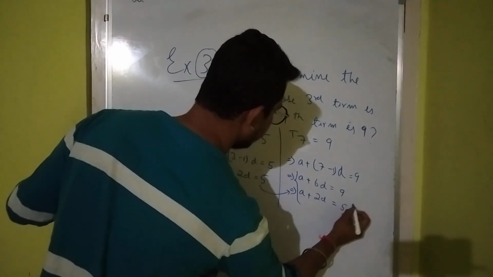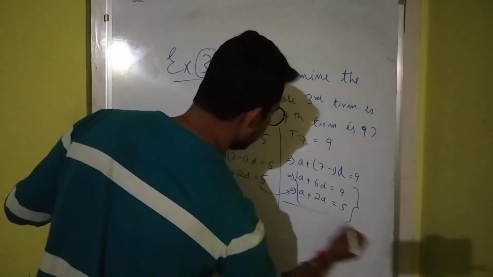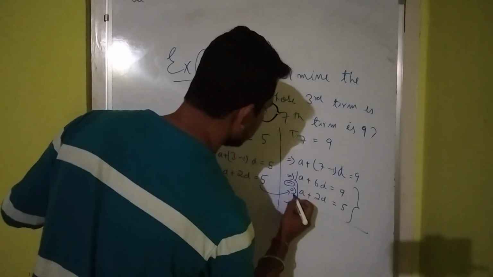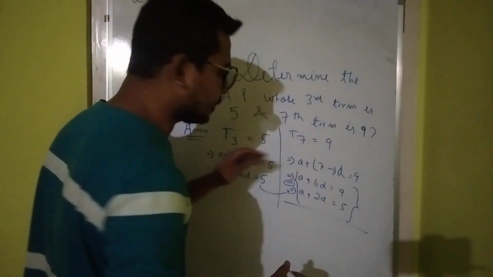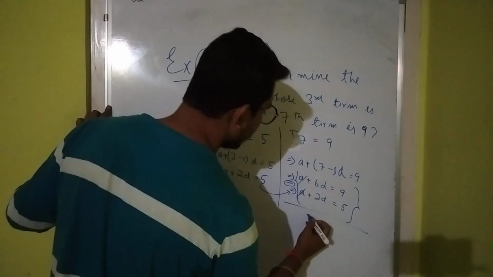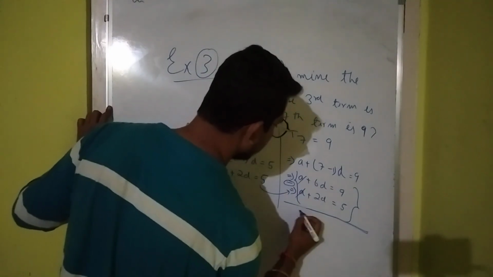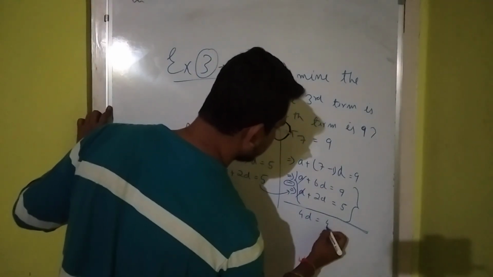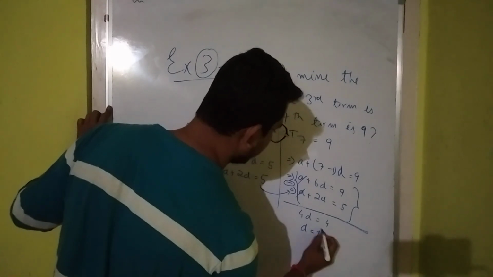Now we'll subtract the first from the second, so these two get cancelled. Okay, so 4d is 4, means d is 1.